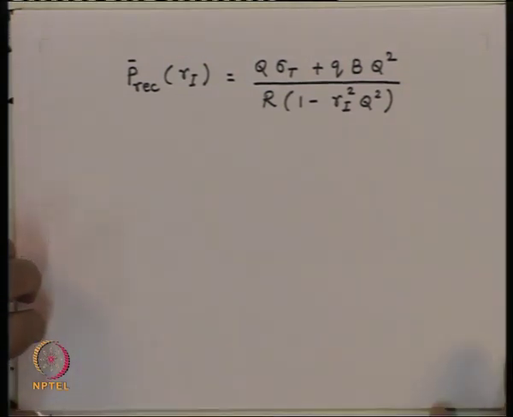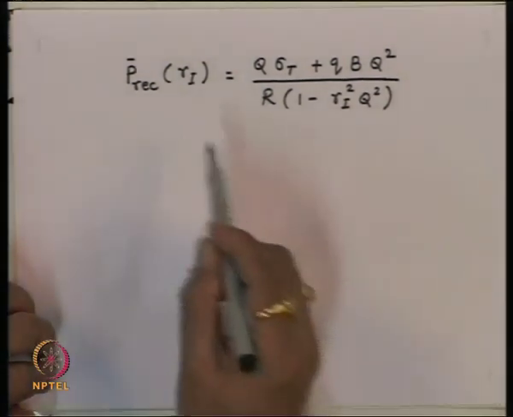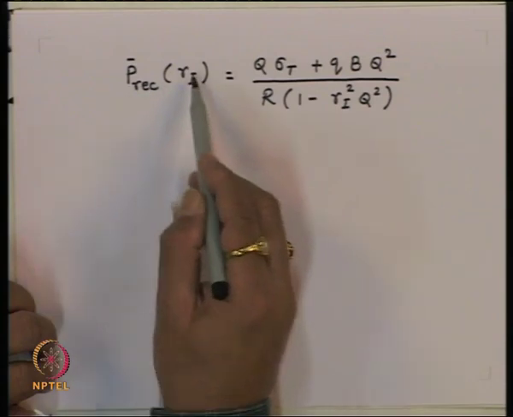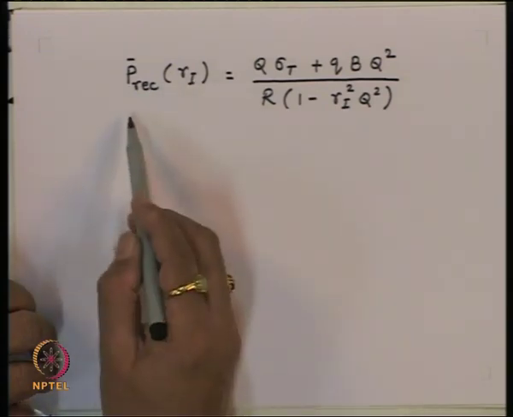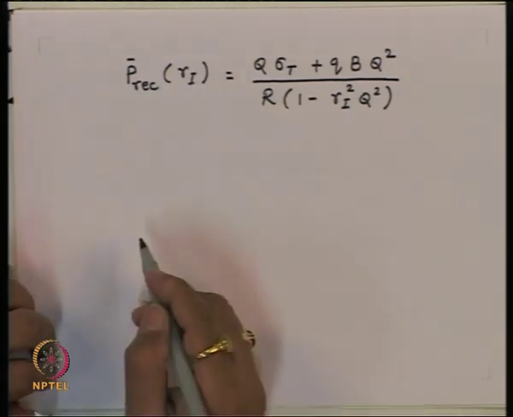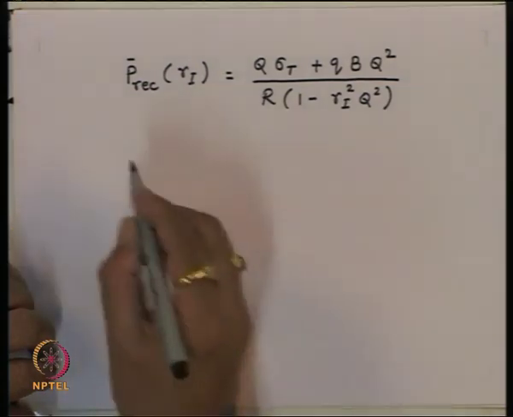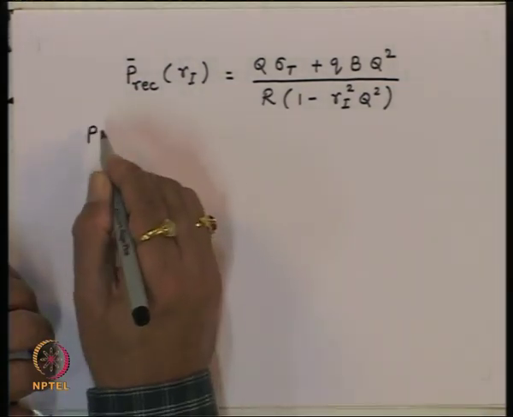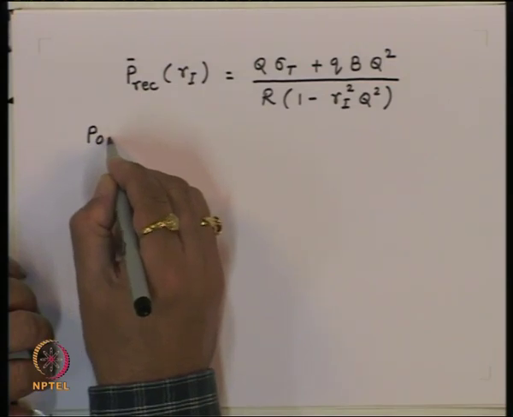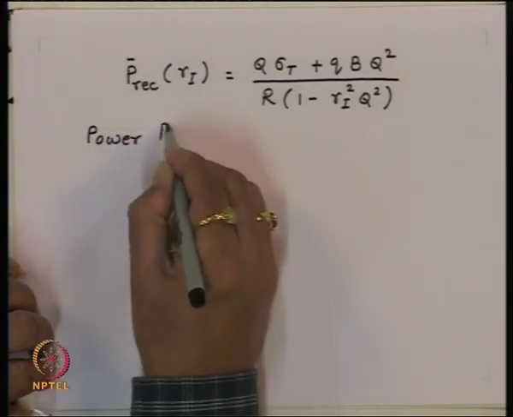So we can define the power penalty in this case, which is the ratio of P received for Ri divided by P received when Ri is equal to 0. And again, in terms of dBs, if you want, we can define 10 log of that. So we have in this case the power penalty.